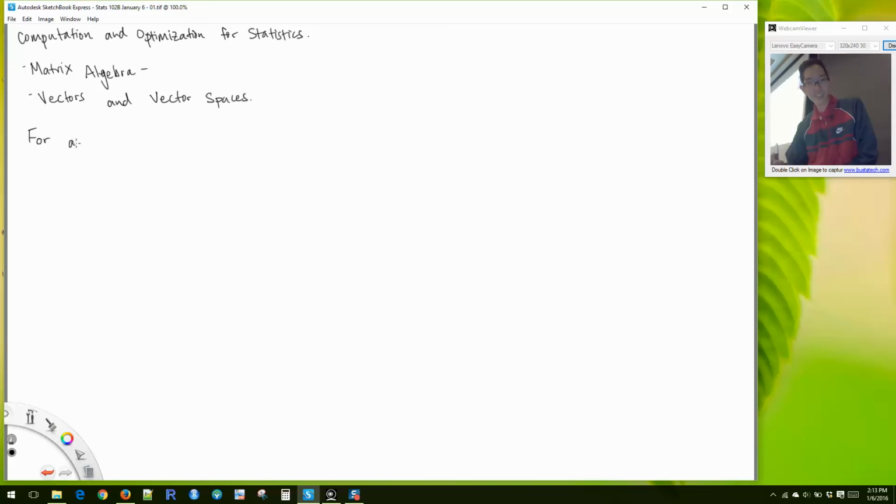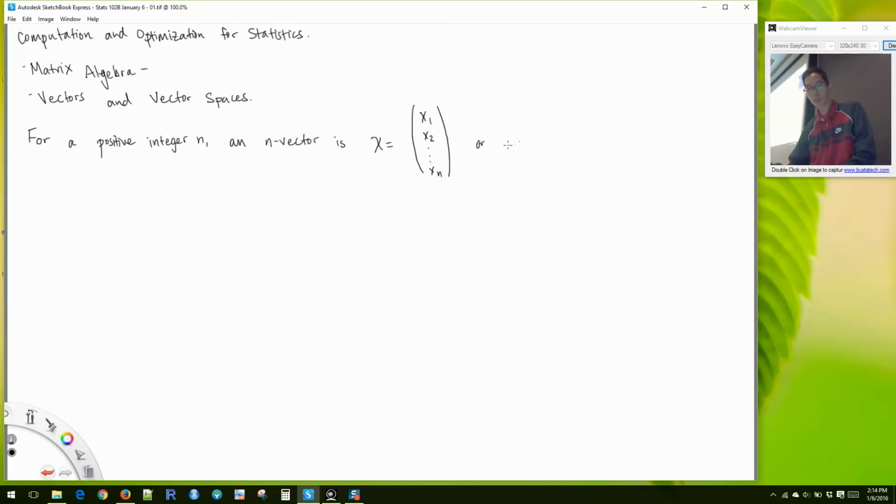All right. So, vectors and vector spaces. For a positive integer n, we have an n vector, which is defined as x equal to x1, x2, dot dot dot, up to x sub n.